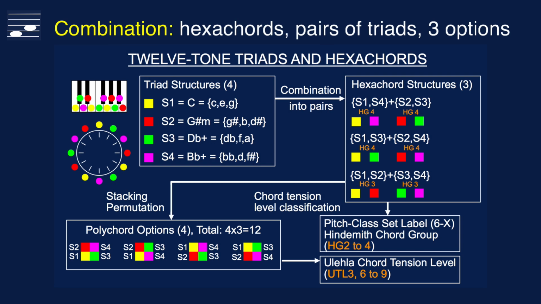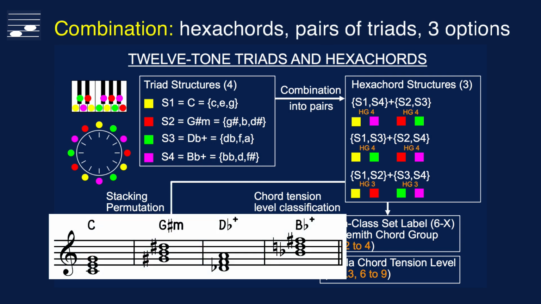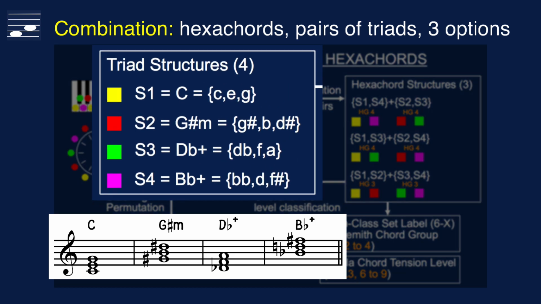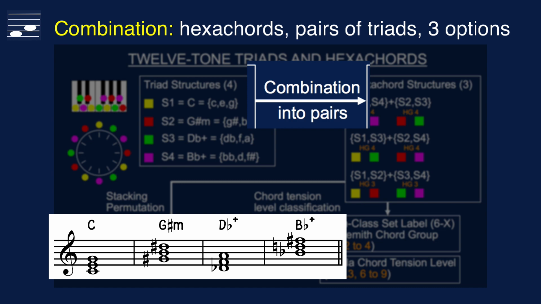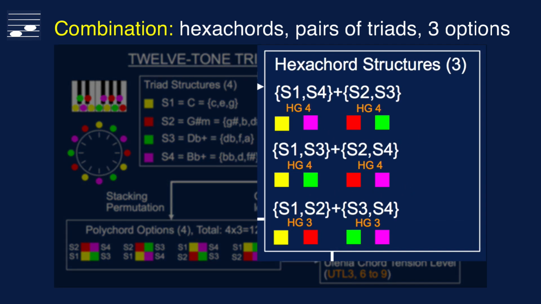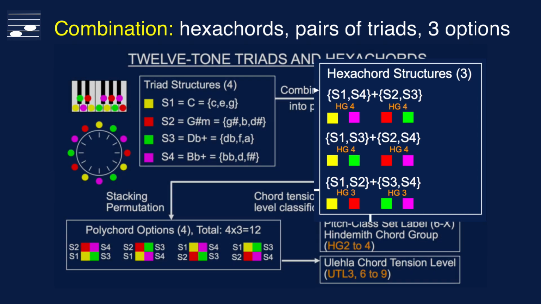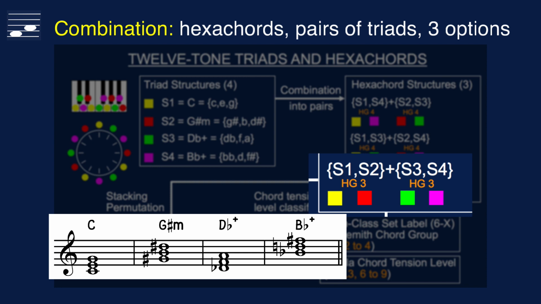Here's the diagram with our example of 4 chord structures that constitute the 12-tone triad set. From the source material, we create pairwise combinations into hexachords, as shown in symbolic notation on the right. There are 3 options for such pairwise combinations. The first is combining S1 and S2 into the first hexachord and S3 and S4 into the other.